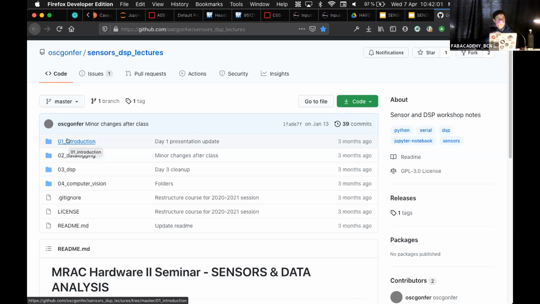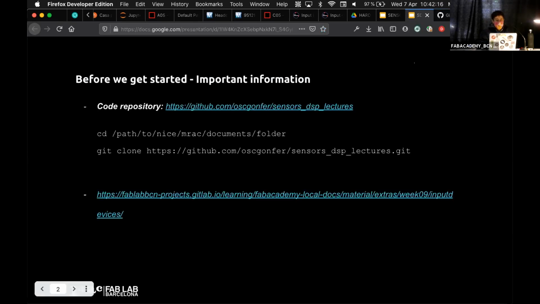I maintain this repo as a place where I put a lot of examples for sensors, camera processing, data analysis, computer vision, and things like this. So have a look at it if you want to learn a little bit more. The link is in the presentation.